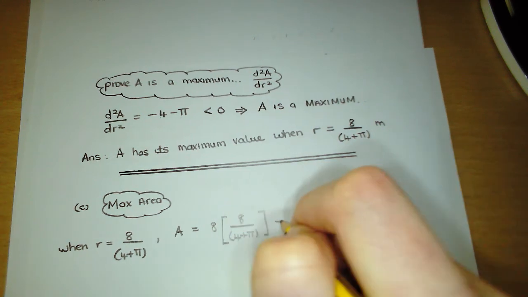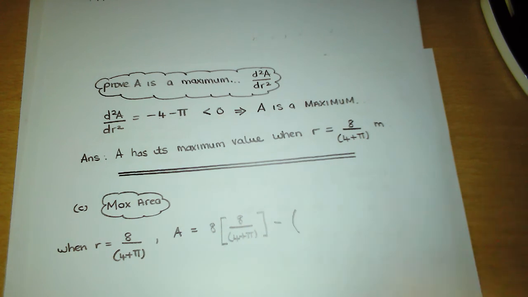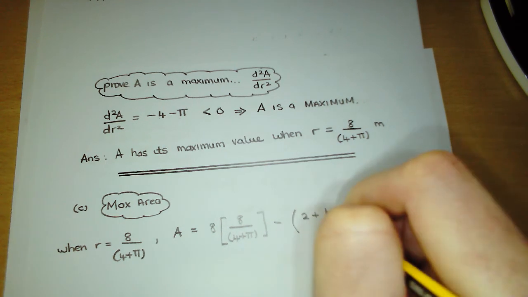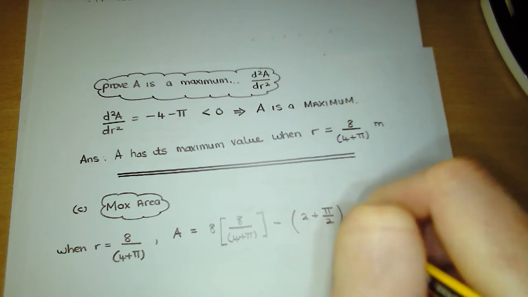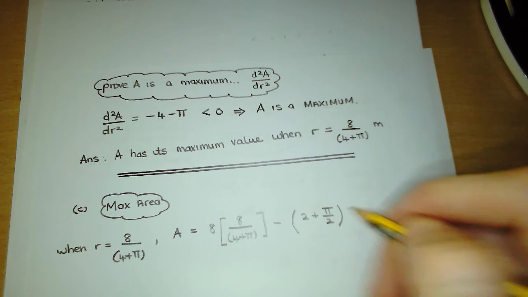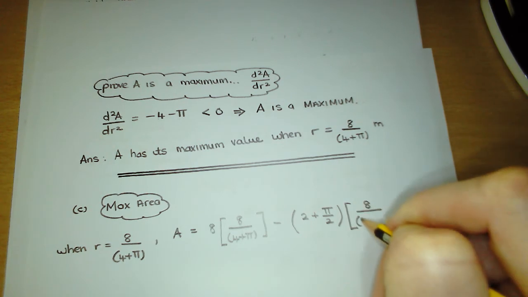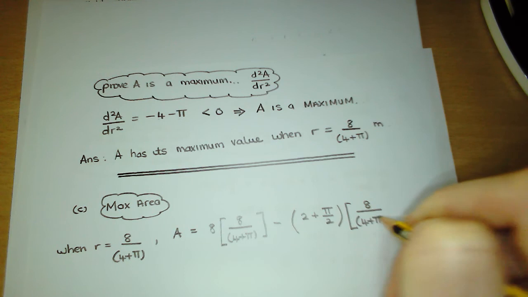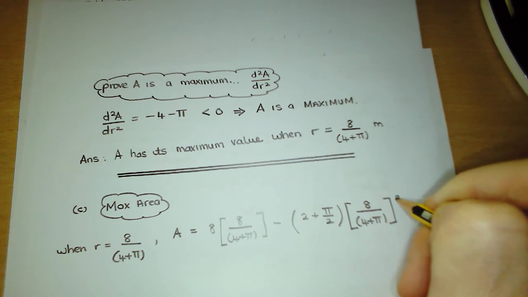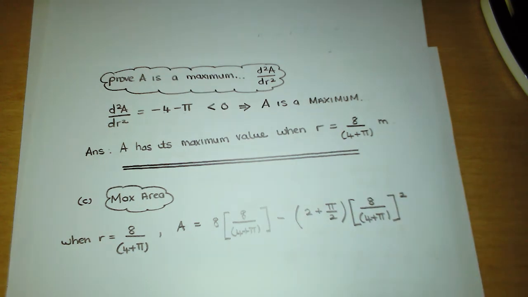And then minus, open brackets, 2 plus pi over 2. And then we're multiplying that by R squared, so that's going to be 8 over 4 plus pi, and that's all squared.